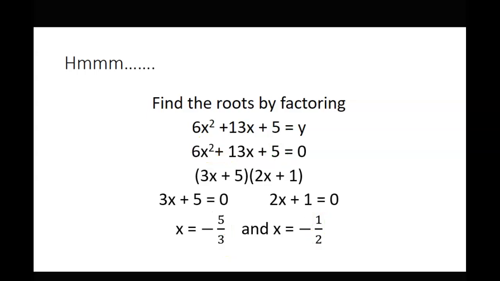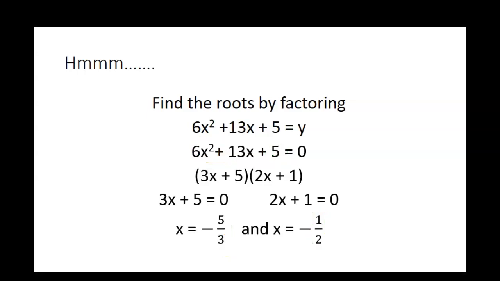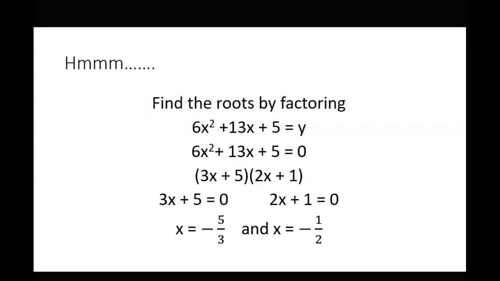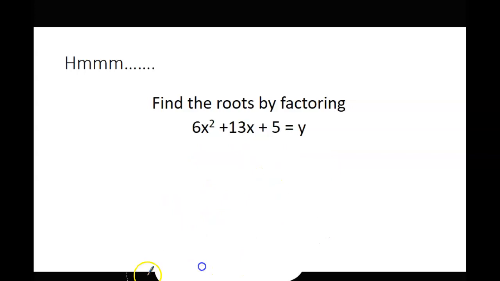So we have a shortcut now to figure out roots. Let's say that I did not have any idea about how to factor, although we do. But let's just pretend for a second that I don't. How can I find the roots in another way? Well, what we just learned is, what are the factors of the last number?